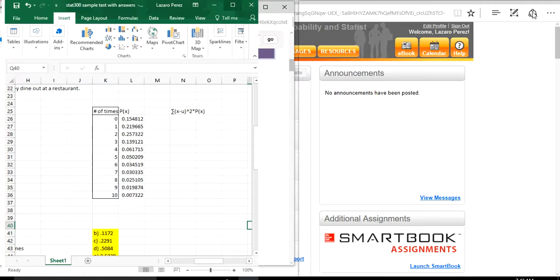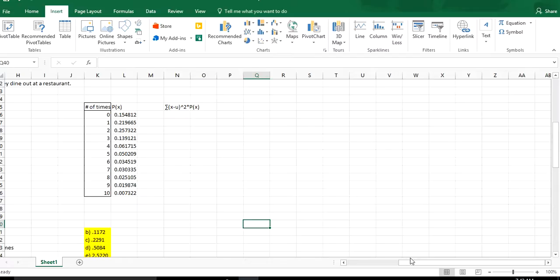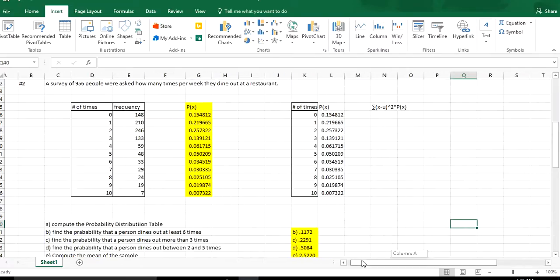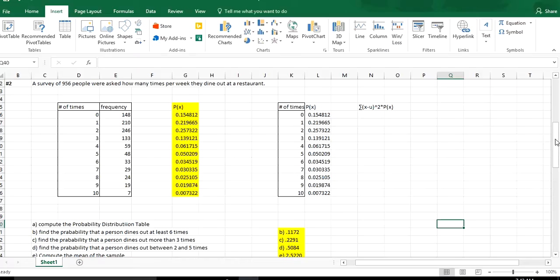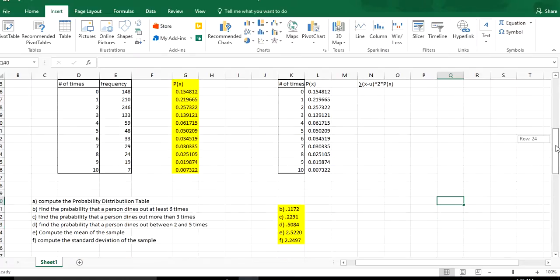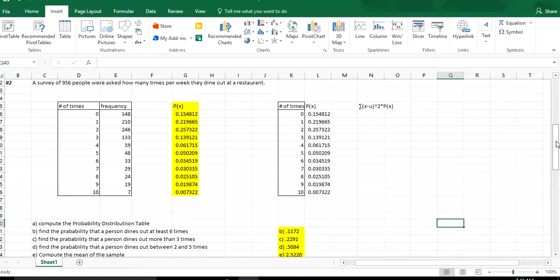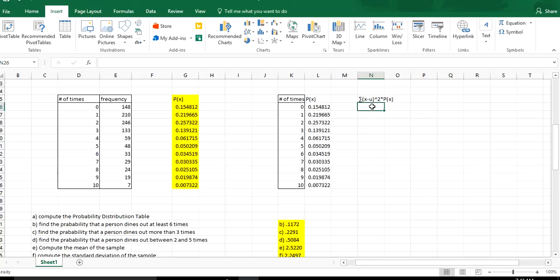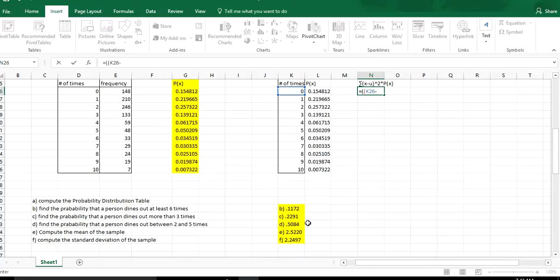So I pulled the formula up right here. So let's go ahead and do it. And let me just make sure I have my mean. Okay, perfect. All right, so just go ahead and type it in. So X, we're gonna click our cell, minus our mean, and I just typed my mean right here for letter E. That was my answer.